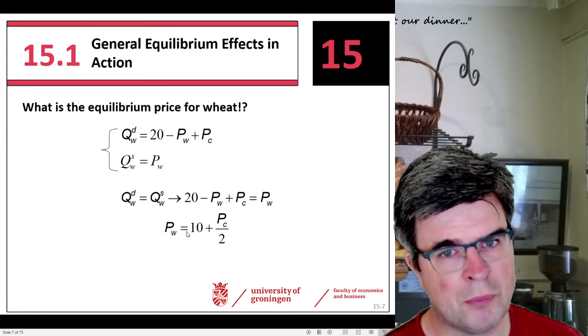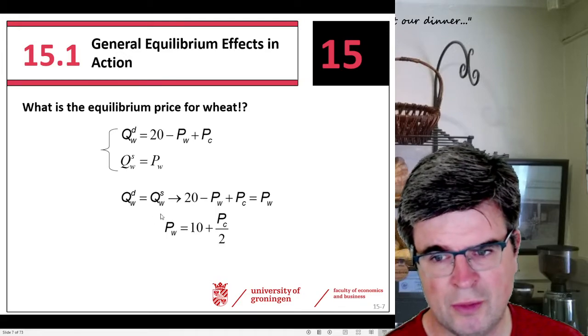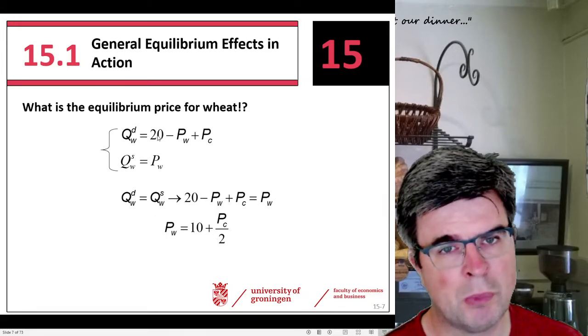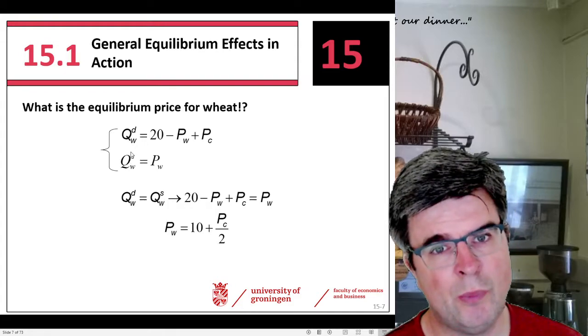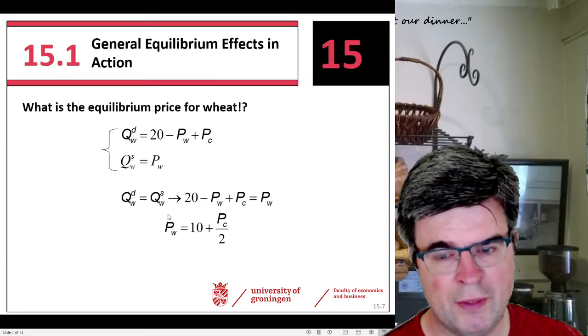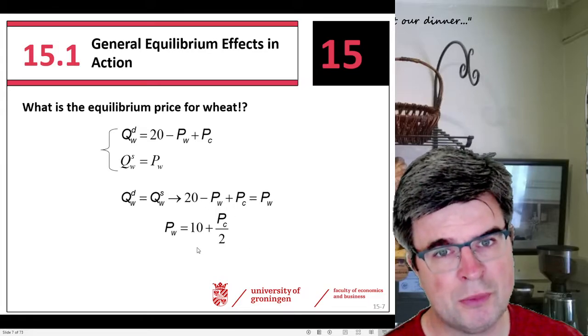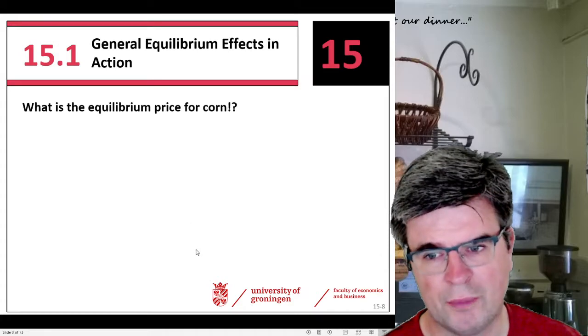So how to make progress here? Well, realize that here we derived this equation by only looking at the supply and demand for wheat and equating the two. And that gave us one expression with two unknowns, the two unknown prices. But what happens if we do the same for the market for corn?